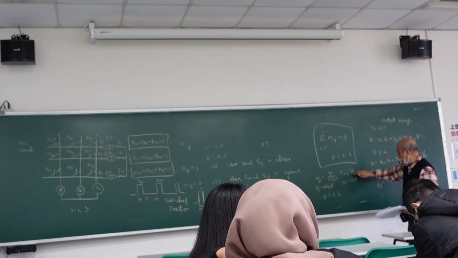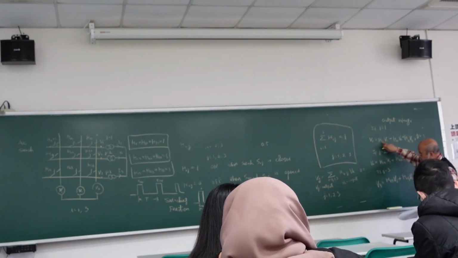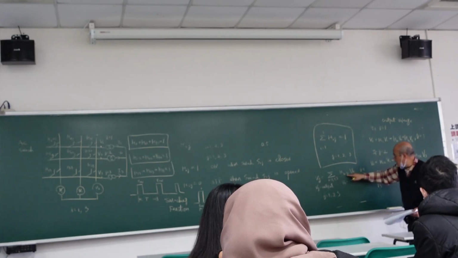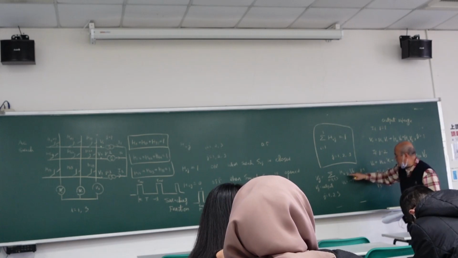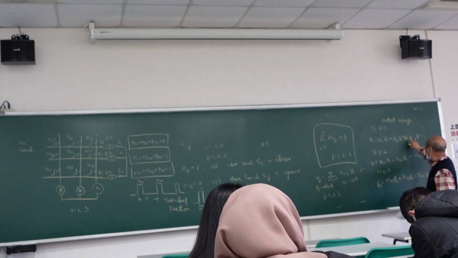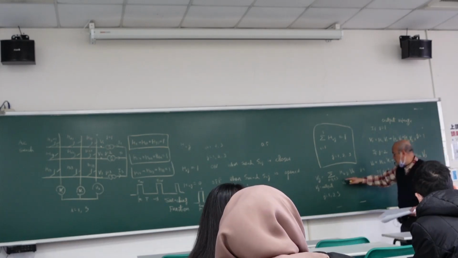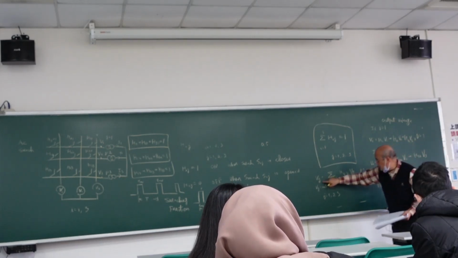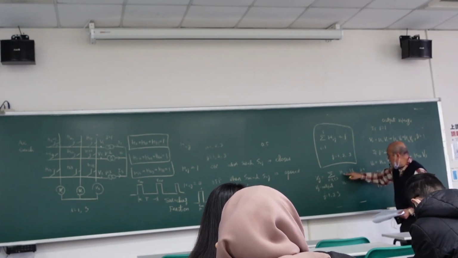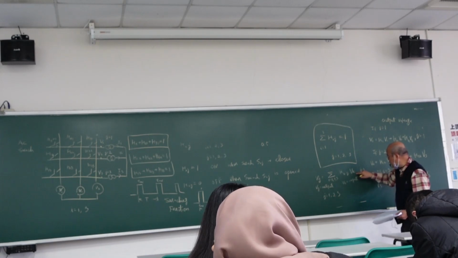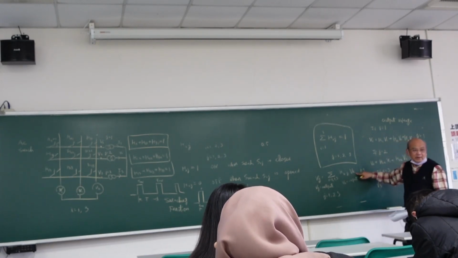So first we can say if J equal to 1 here, then it is H11 V1 plus H21 V2 plus H31 V3 here, right? If J equal to 2, V2 equal to H12 V1, H22 V2, H32 V3, right?